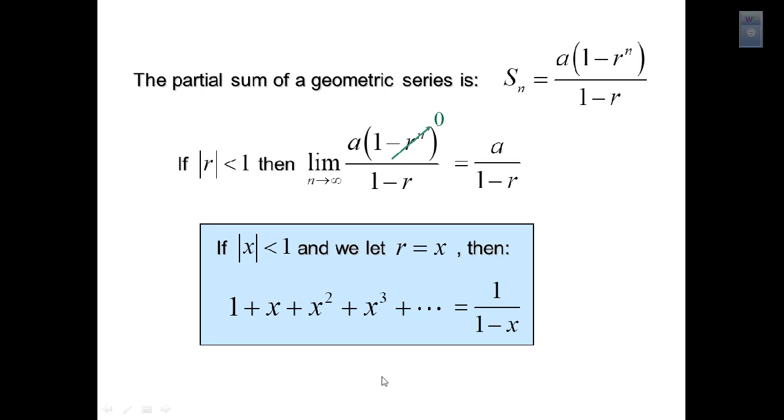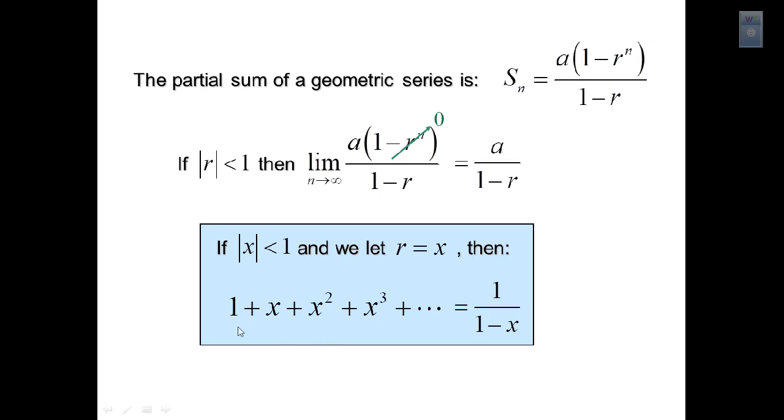This is something you want to write down, and remember, you're going to see this again. This is actually a polynomial approximation of this thing, and we'll talk more about that later in this chapter.